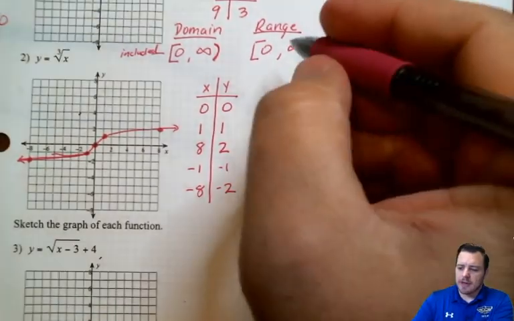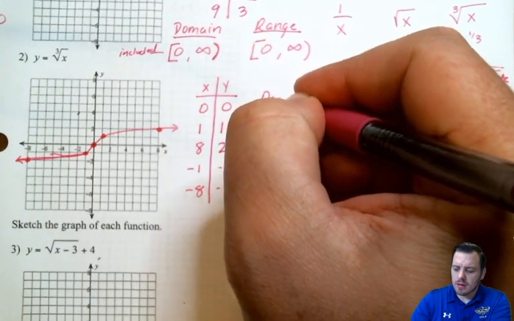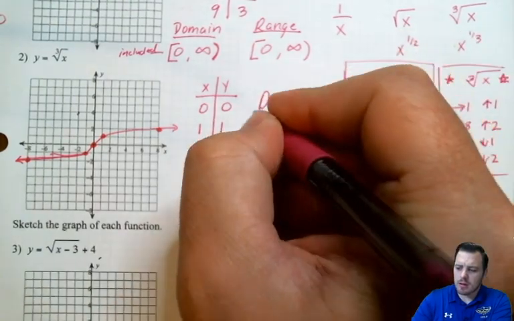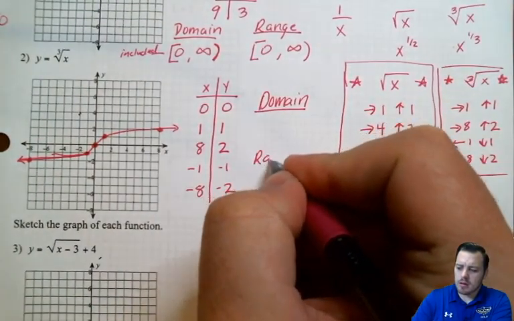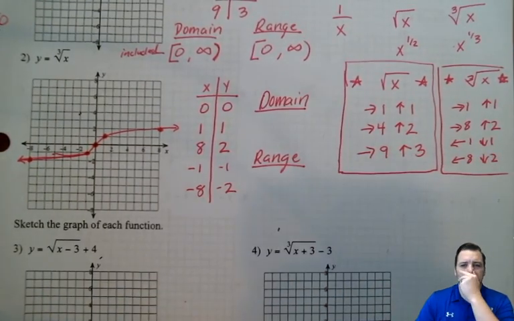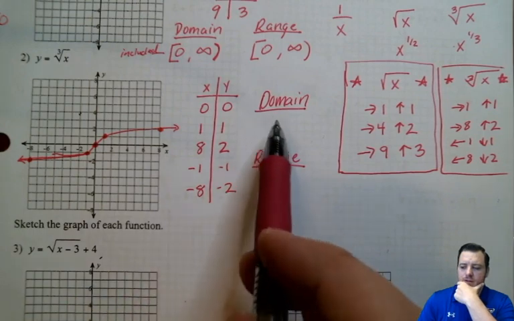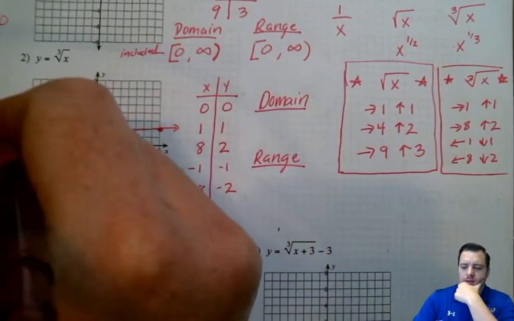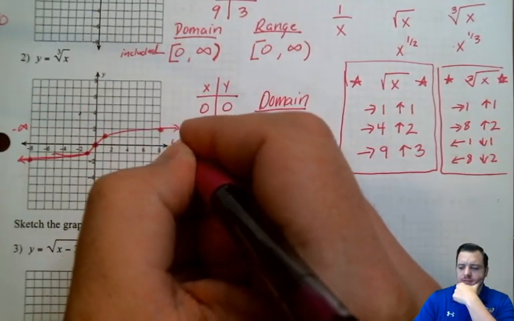Let's look at the domain and range. So my domain, again, this is negative infinity, that's infinity.